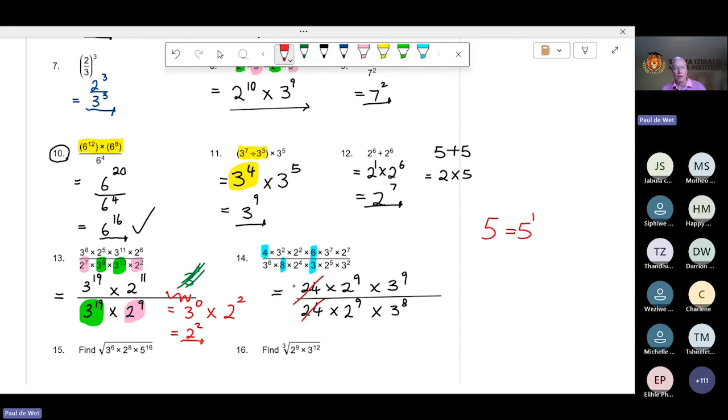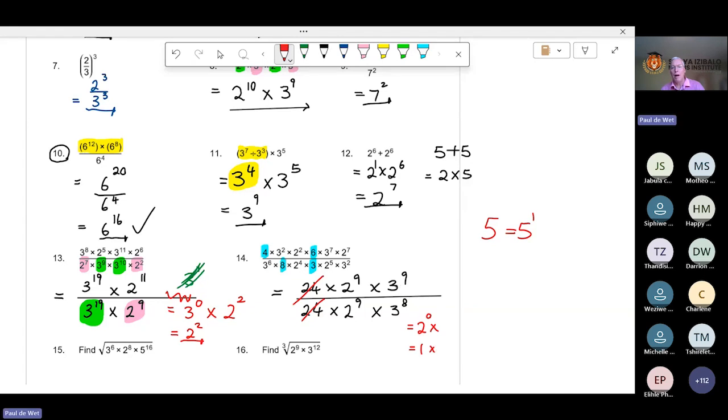It goes in once. I'm dividing the top by 24 and the bottom by 24. When I divide 2 to the 9 by 2 to the 9, it will divide out exactly. You might say to me, Paul, isn't it 2 to the 0 because we subtract the exponents? And you are right, it is 2 to the 0. But what is 2 to the 0 anyway? 2 to the 0 is just 1.